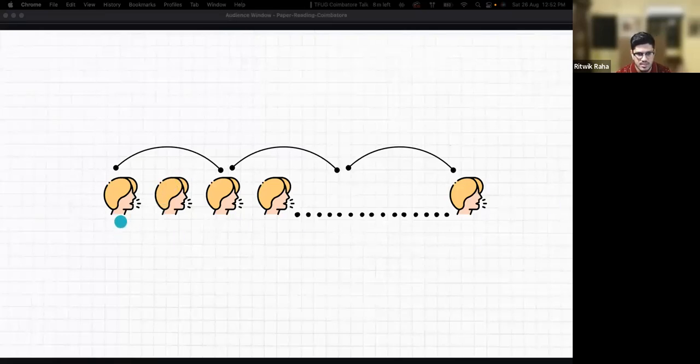And what this means is that this person is saying the original puzzle, and that original puzzle is being repeated back to this person and this person. So these people do not have that original puzzle, and they might have misheard something. They might have heard gibberish. So at the end, when we are saying, okay, what did everyone hear?